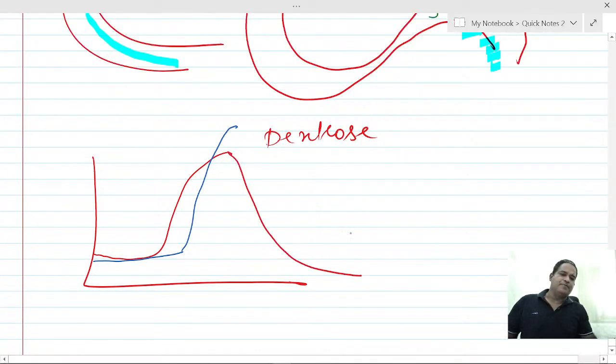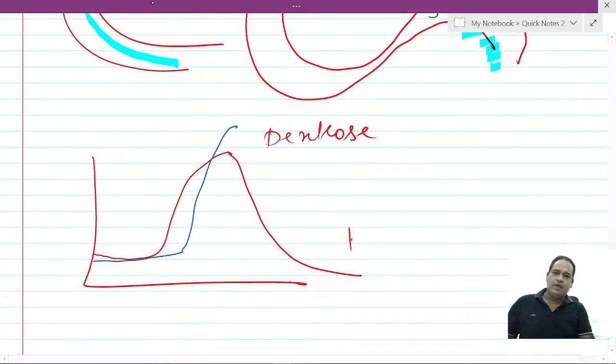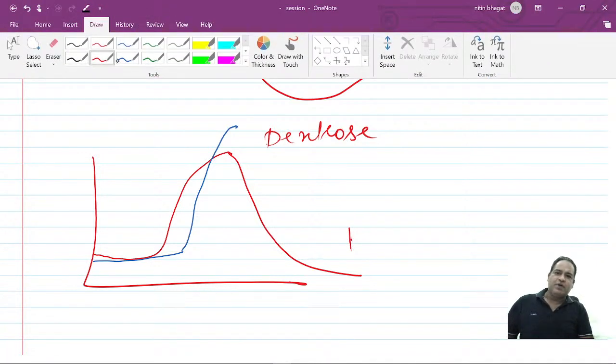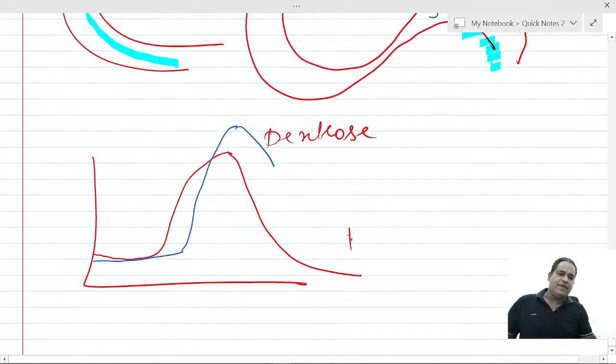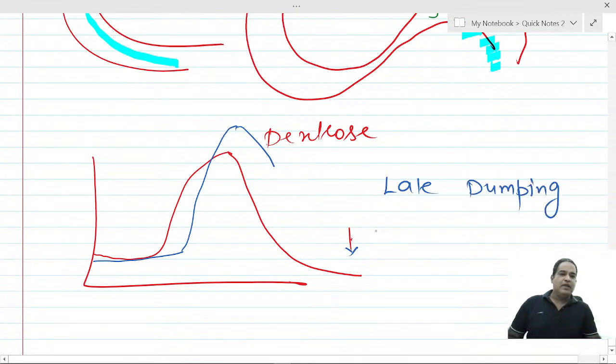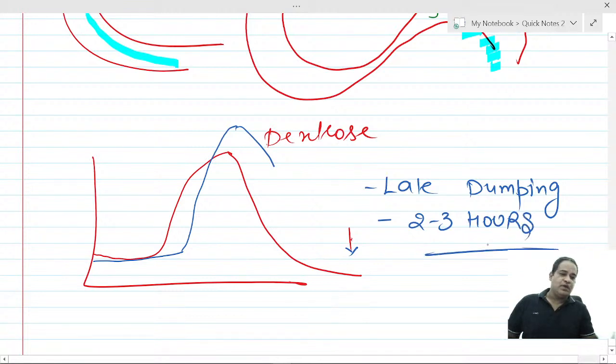There will be a fall in the level of dextrose. This will give rise to late dumping. But for this we require digestion of the food. So this may take up to 2 or 3 hours.